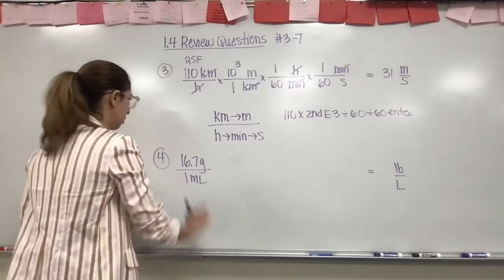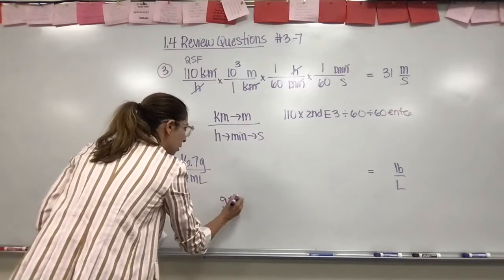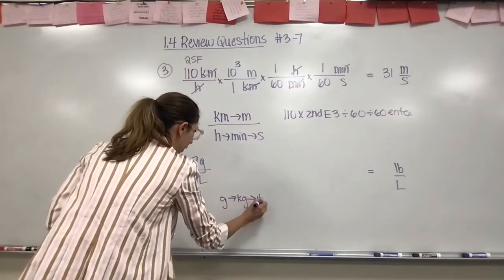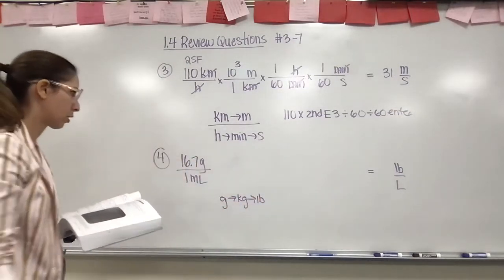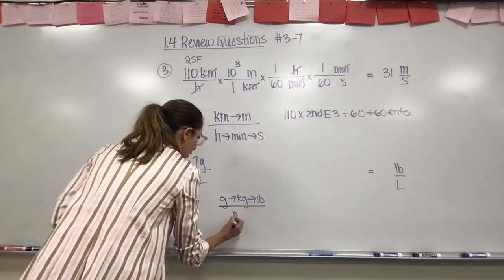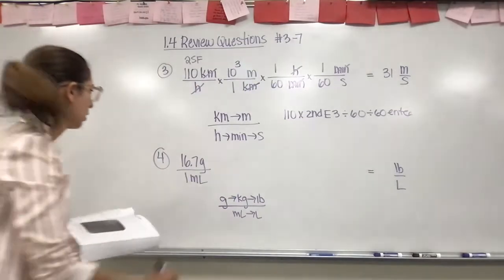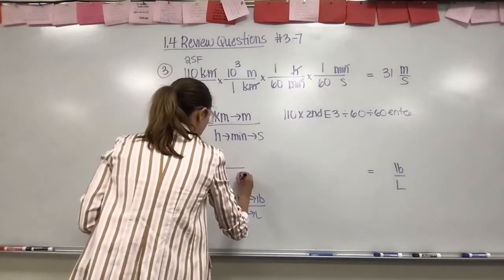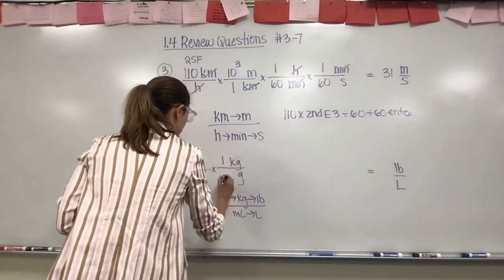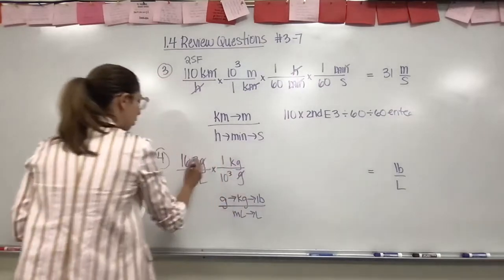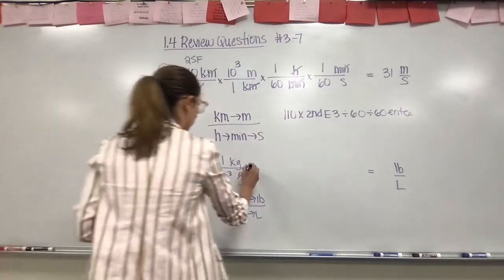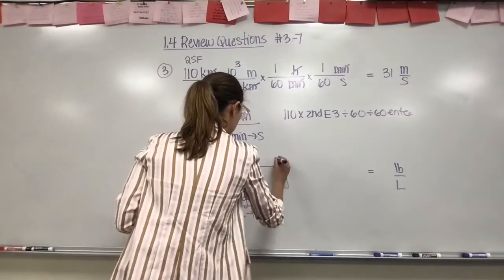So it would make the most sense to convert grams to kilograms, then to pounds, using the conversion that they were giving us. And then you know that you can convert milliliters to liters in a one-step metric conversion. So if we convert our grams to kilograms first, 1 goes with kilo, 10 to the 3rd goes with the grams. Then we can convert our kilograms to pounds.